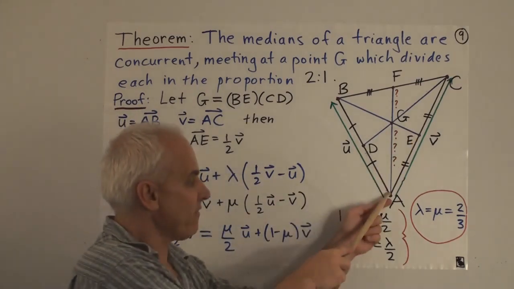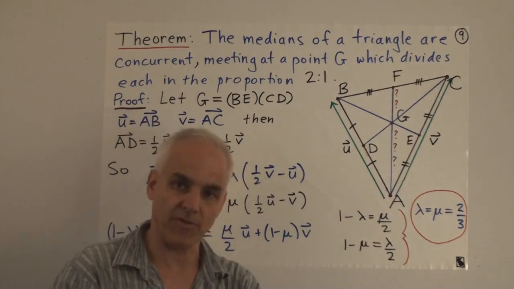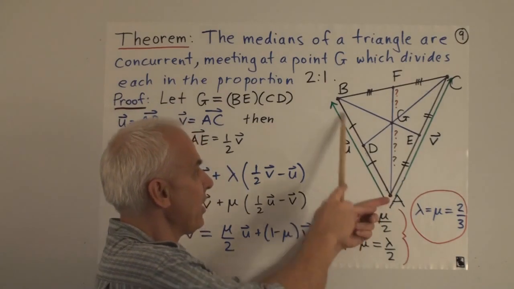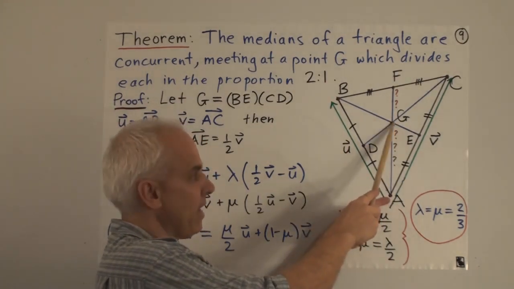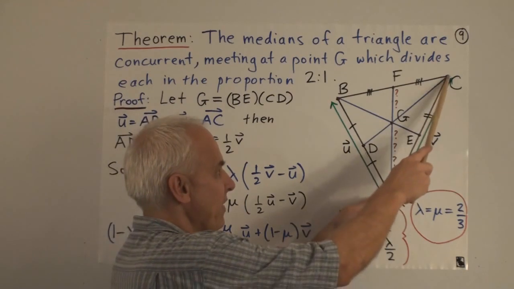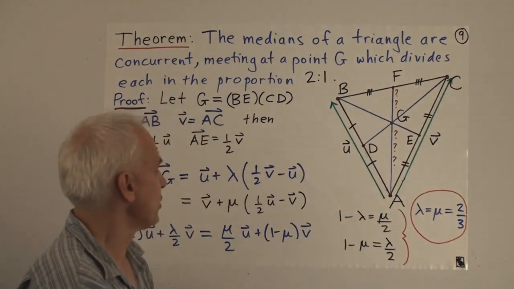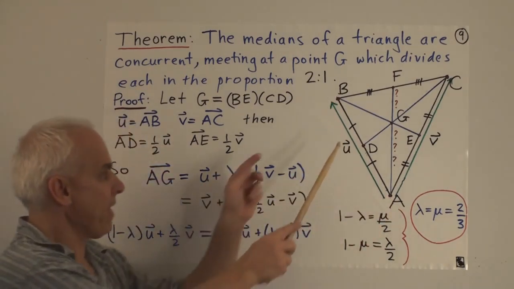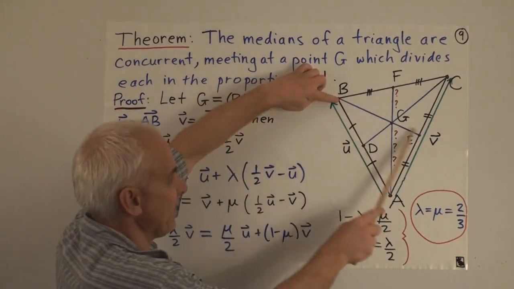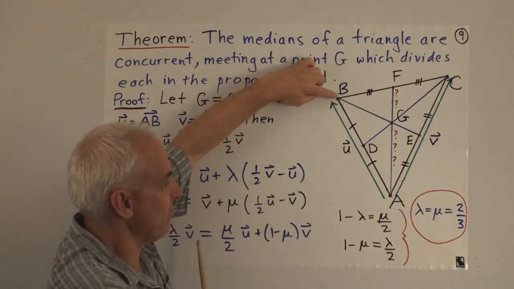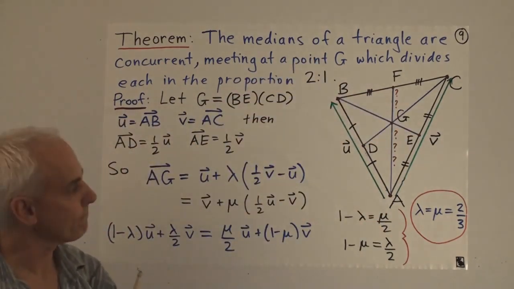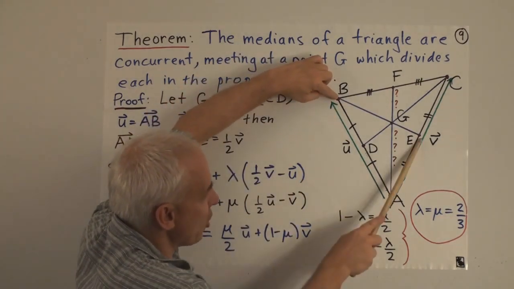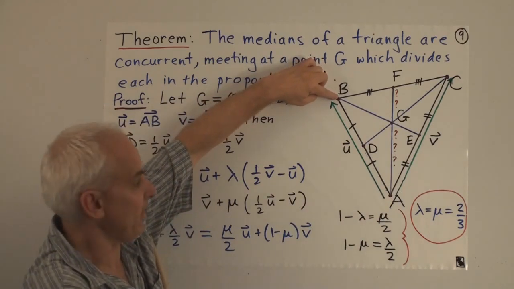And now let's describe the vector from A to G in two different ways. Because one way of getting from here to here is to go up here and then down that way. Another way is to go up here and then down there. So the first way, we take the vector u, and then we add a multiple of this vector. So let's ask ourselves, what is this vector from B to E? Well, it's the vector from the head of u to the head of v over 2, 1/2 of v.